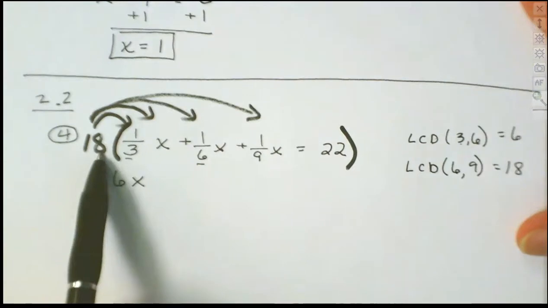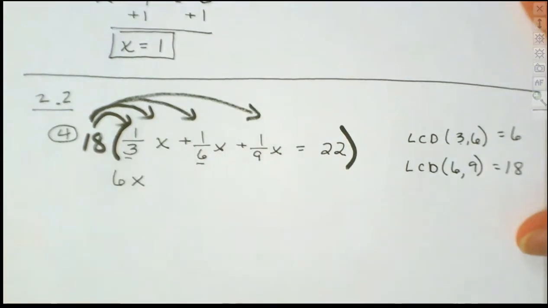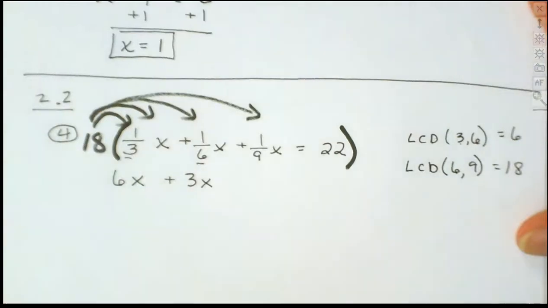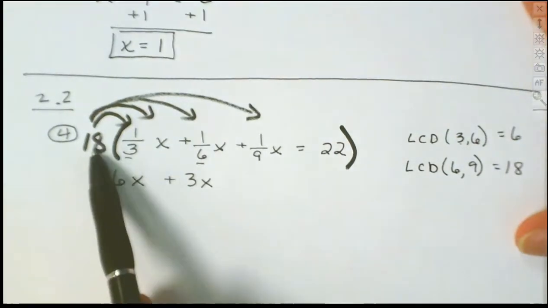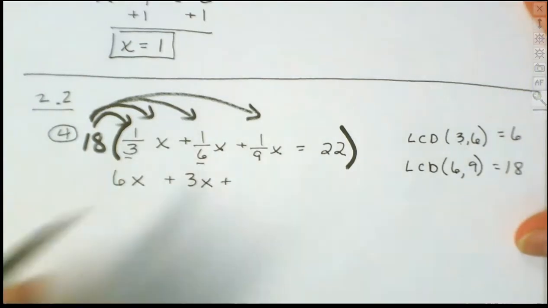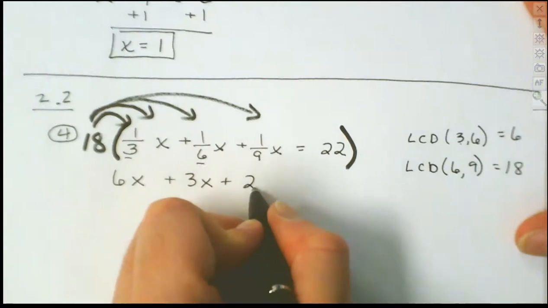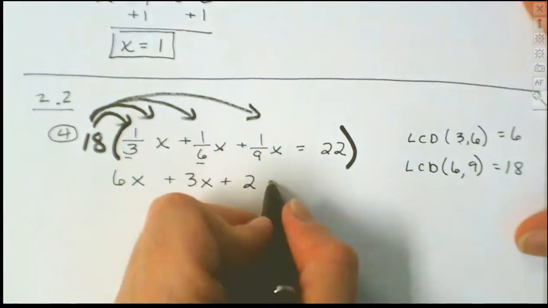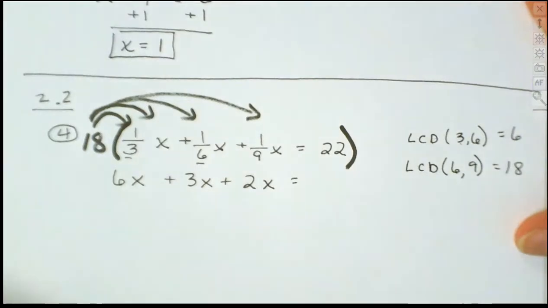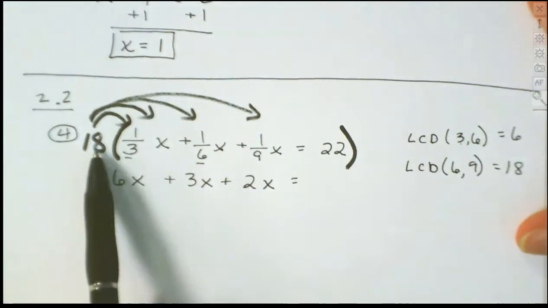Next, 18 divided by 6 is a 3. 3 times 1 makes it a 3. Bring down the x. Next, 18 divided by 9 is 2. Times that 1 makes it a 2. Bring down your x.